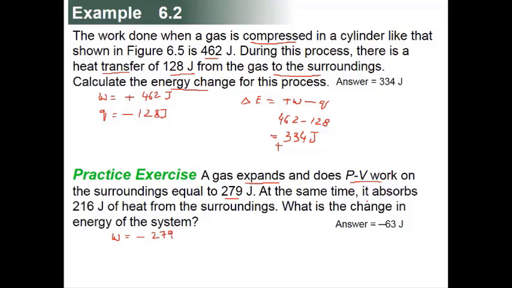And at the same time it absorbs 216 joule of heat from the surrounding. From the surrounding means heat is coming inside. So Q will be positive 216 joule. This work is also in joule.